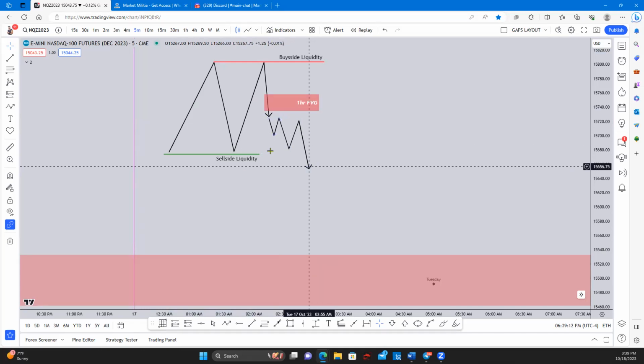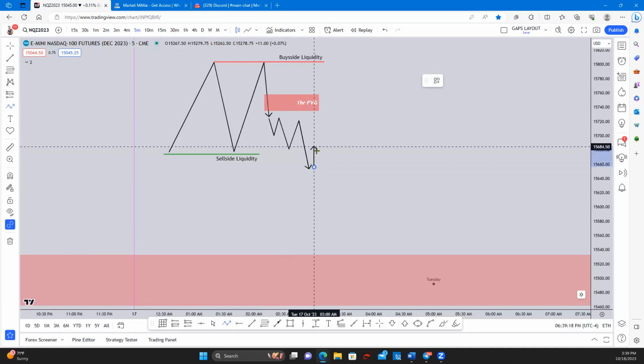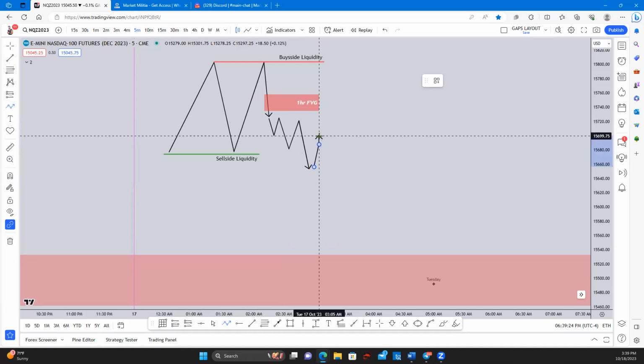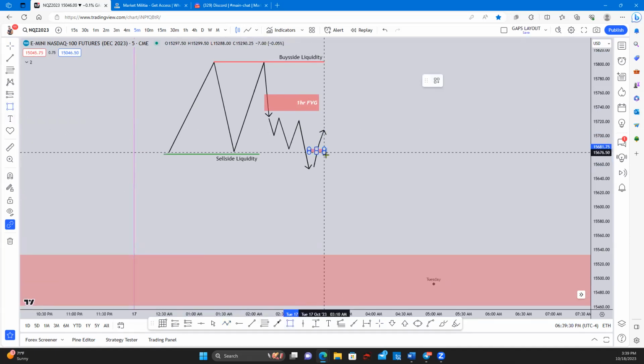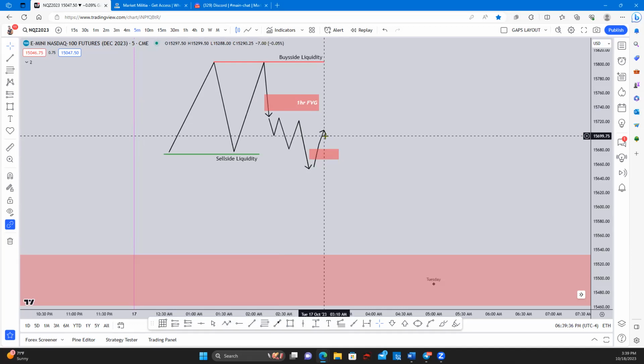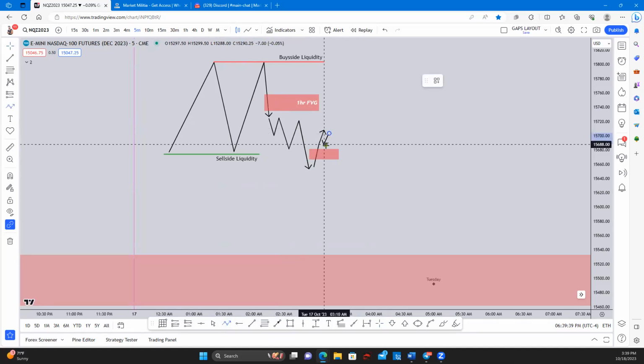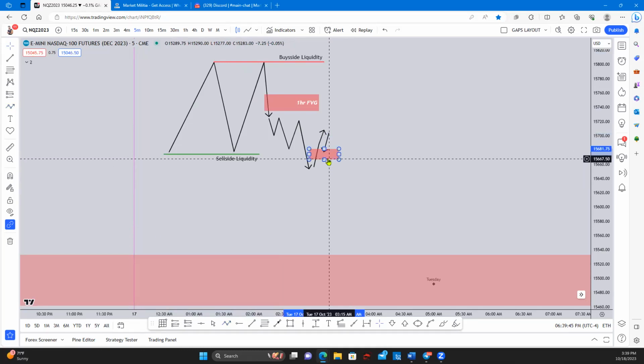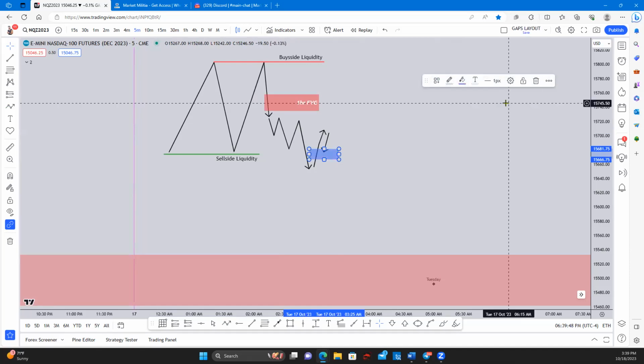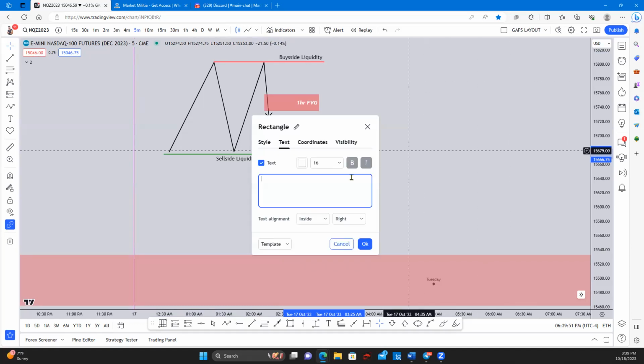Then once we get some sort of reaction after sell side, let's say we break market structure, and we then leave a fair value gap maybe on the 5 minute here, and then price comes back into this 5 minute bullish fair value gap.